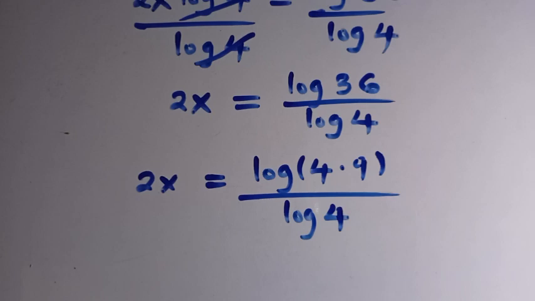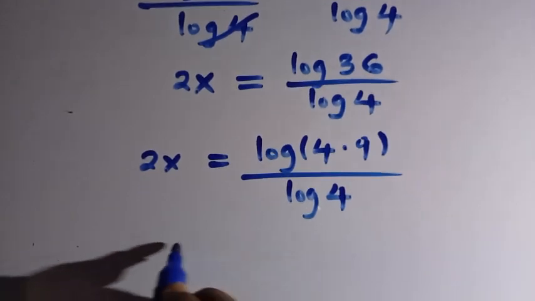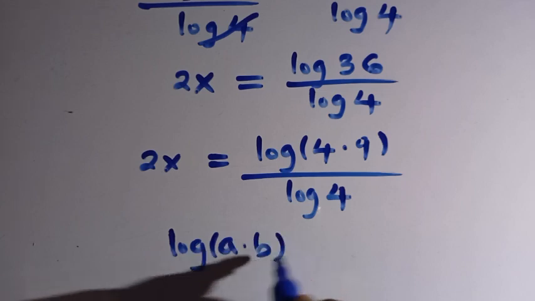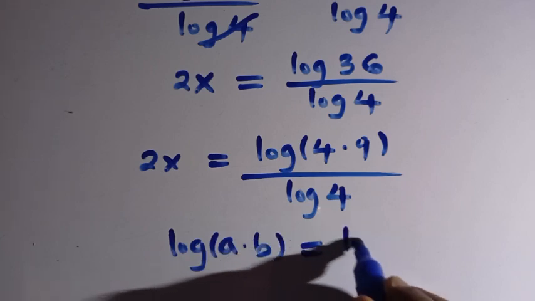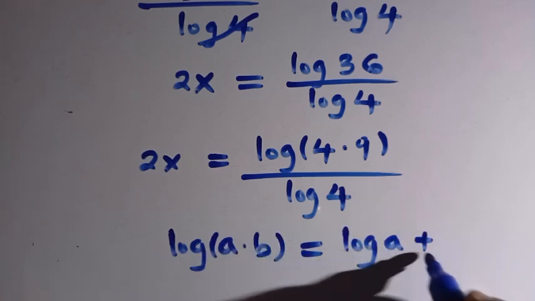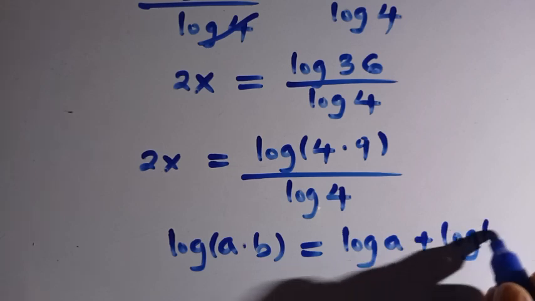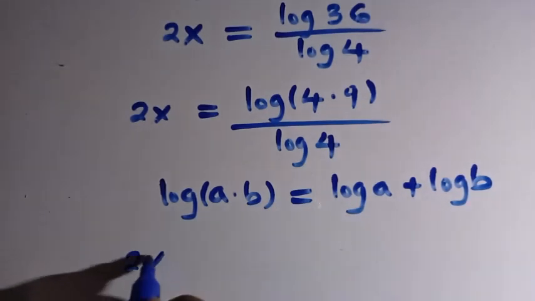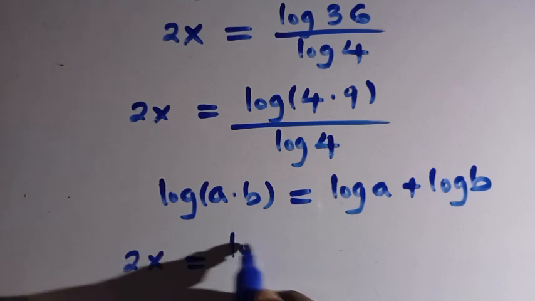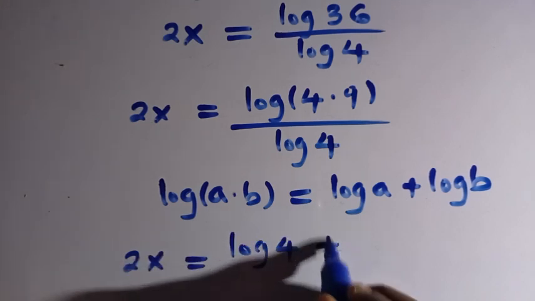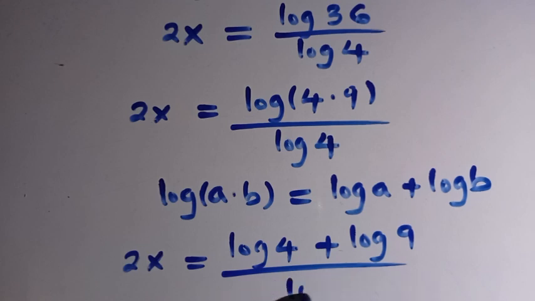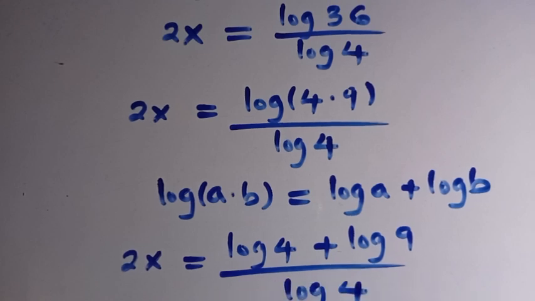Here is the product rule of log: log a multiplied by b is the same thing as log a plus log b. Therefore we have 2x equals log 4 plus log 9 divided by log 4.